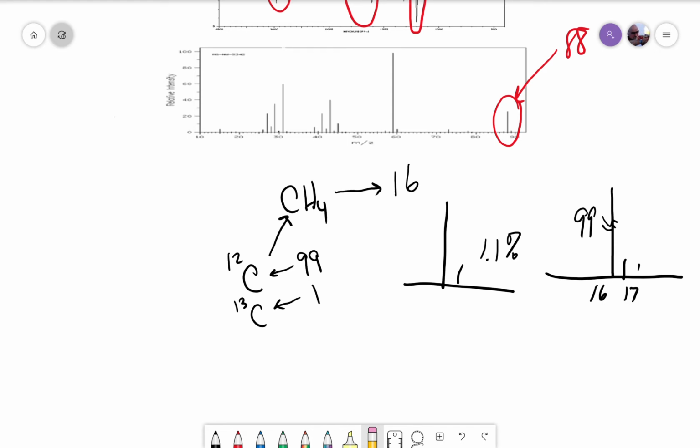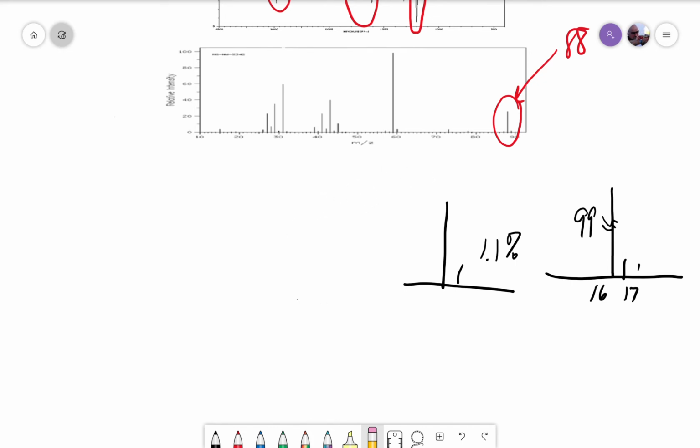In a mass spectrum of methane, the largest peak would be 16 because it's the most isotopically abundant isotope. But the peaks would occur both at 16 and at 17, with the peak at 17 being tiny, about 1.1% as big as the peak at 16.